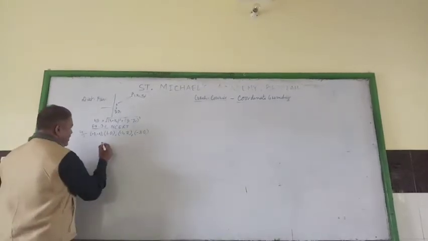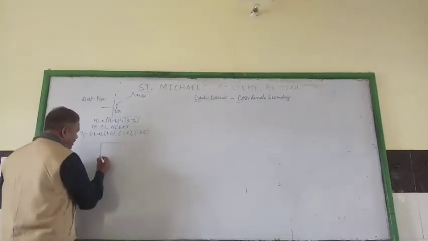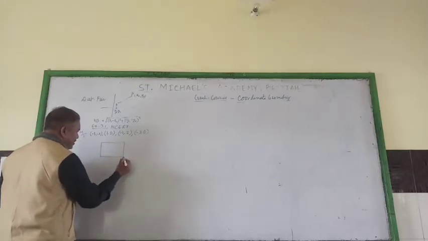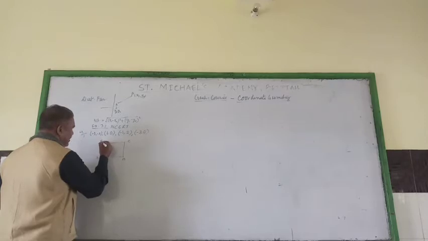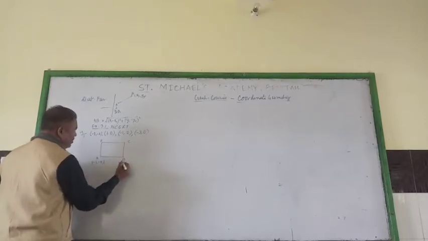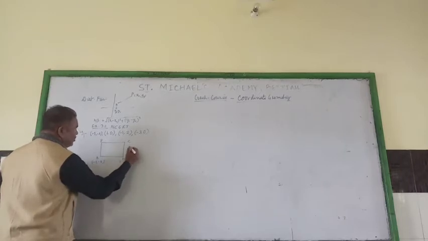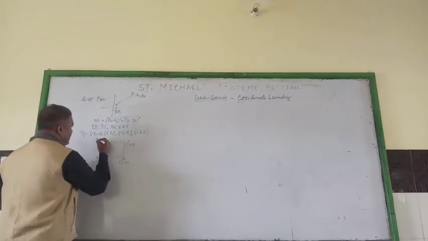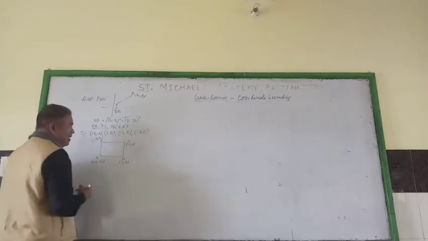For that, simply draw a quadrilateral and name it A, B, C and D. Now here, write (-1, -2), (1, 0), (-1, 2), and (-3, 0).